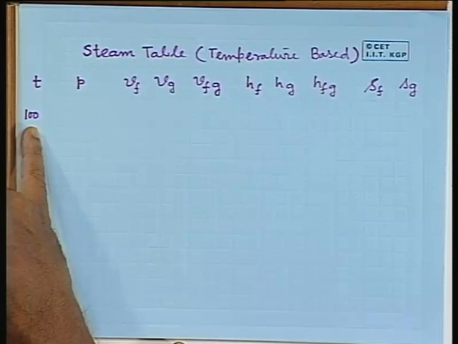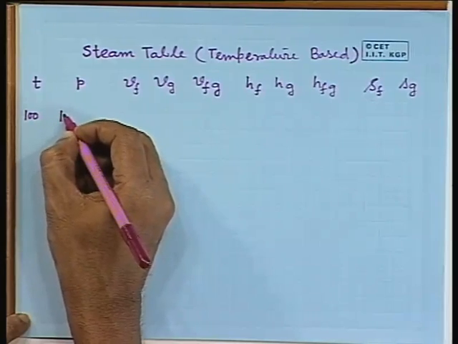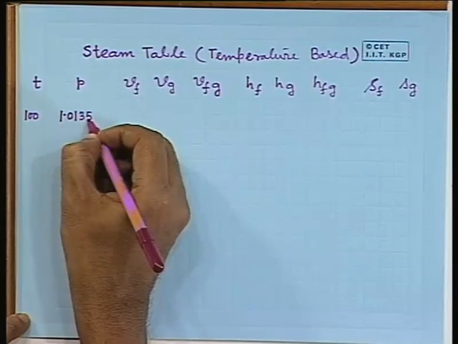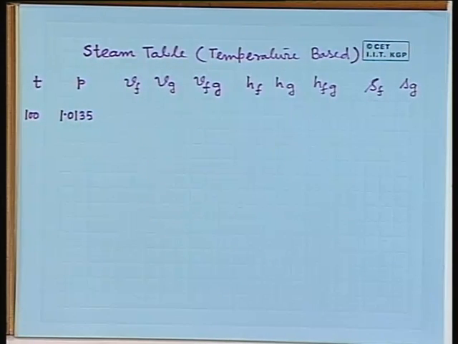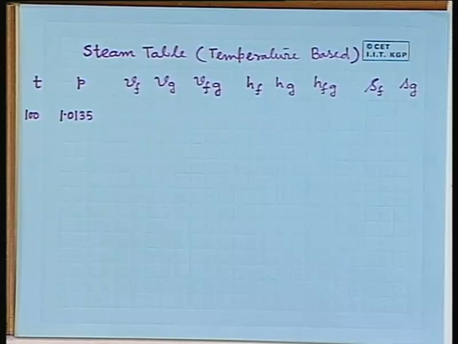Once we specify this, other values can be directly read from the steam table. Like pressure, in kilopascal, the value is 1.0135. This is the pressure value. We know at 100 degree Celsius the water boils at atmospheric pressure. So, basically this is the atmospheric pressure.